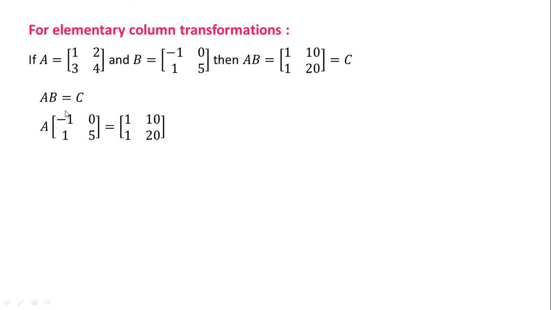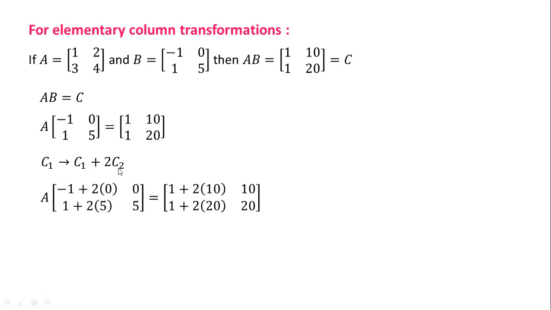A keep as it is, B is given here, and it is equal to C. Suppose I want to use this column transformation. See, C1 changes to C1 plus 2 times C2. So I have to change column number 1. Here also column number 1 by this transformation C1 plus 2 C2.